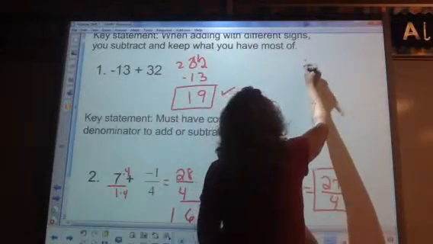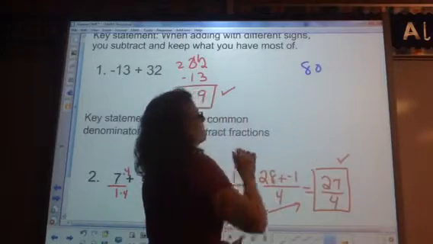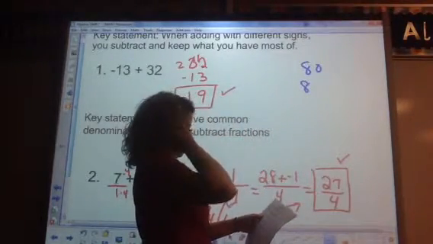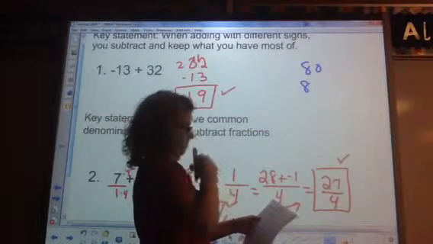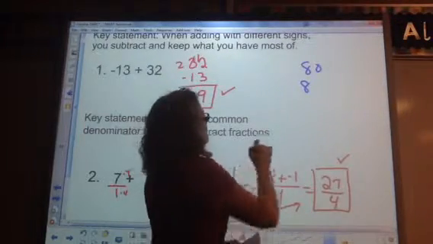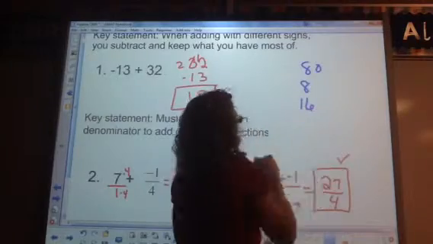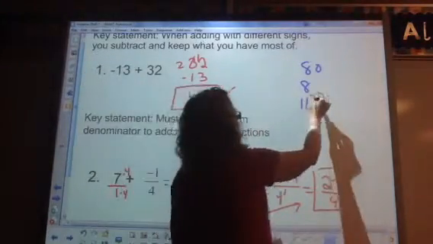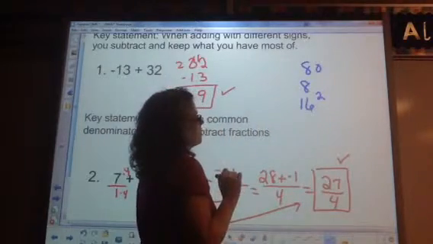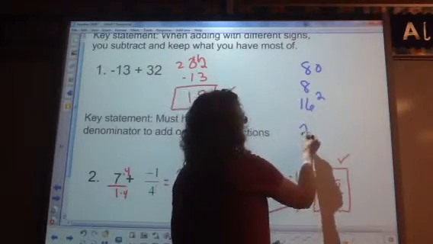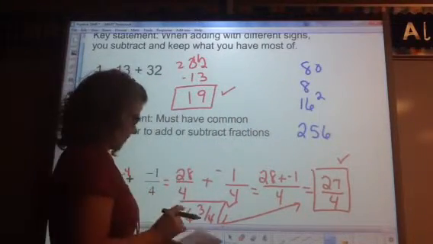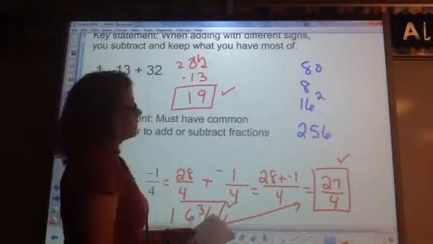Okay, 10% of 80 is 8. Double that and get 16, and then square it. 256. Okay?